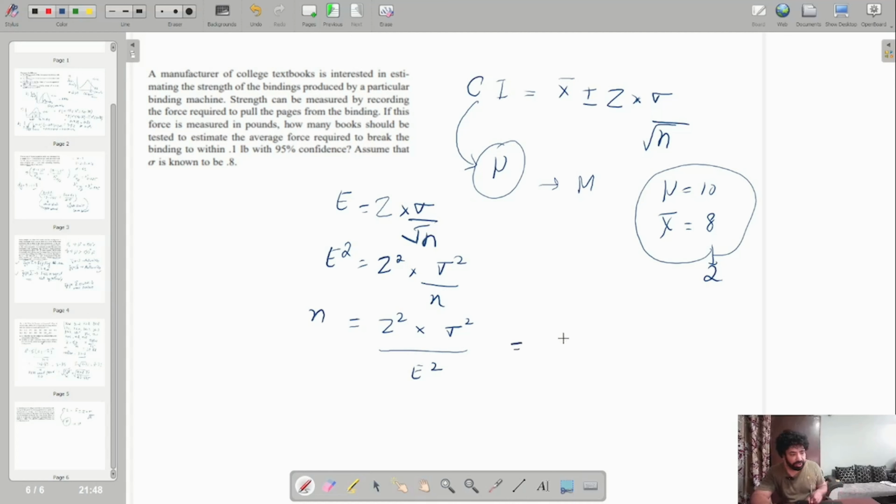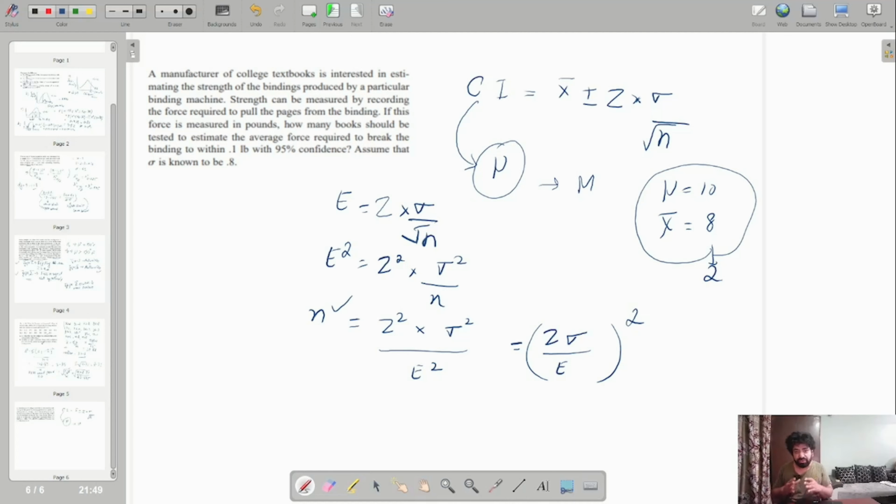I can again write this as n equals the corresponding Z score times the population standard deviation, divided by E, where E stands for error, all squared, which is going to be my sample size. That is how you calculate the sample size given the margin of error.